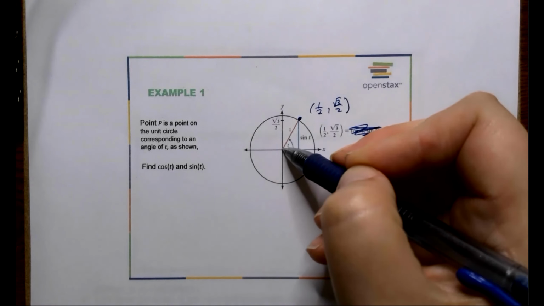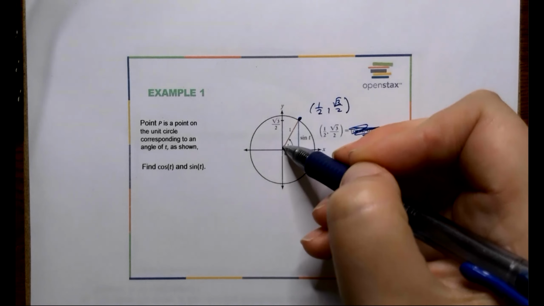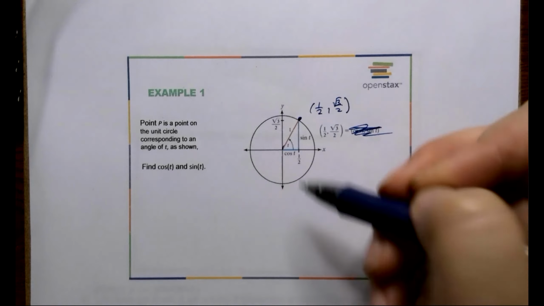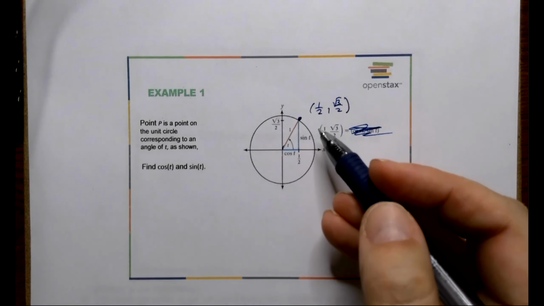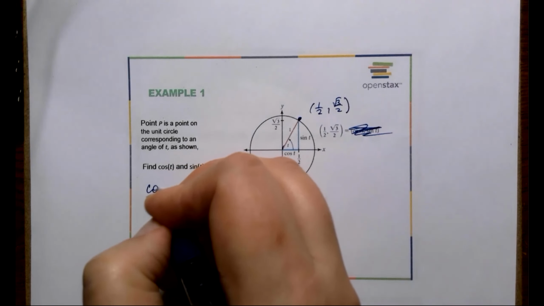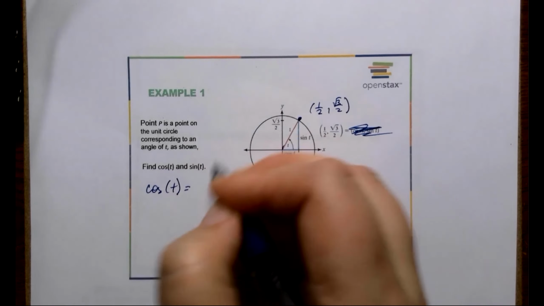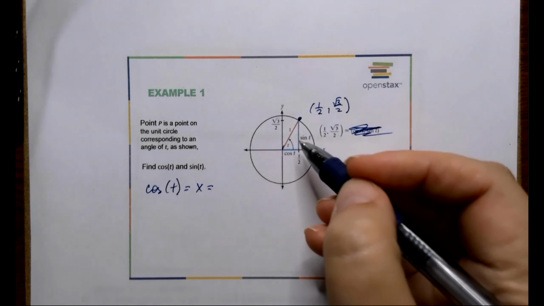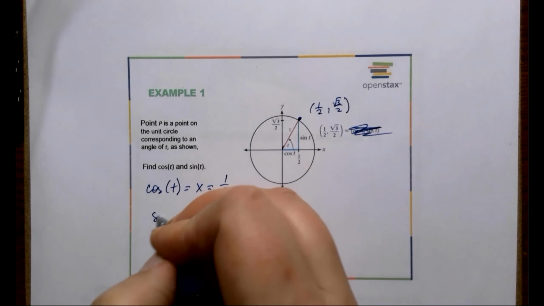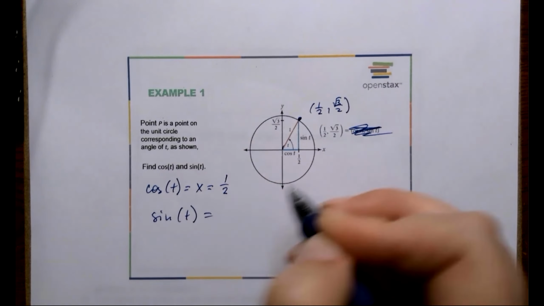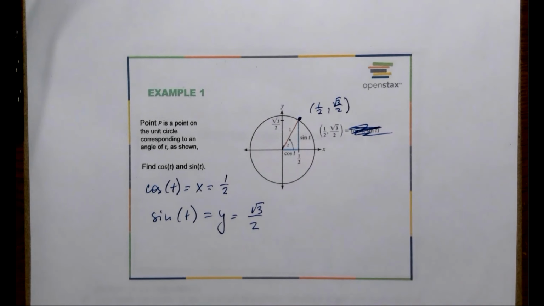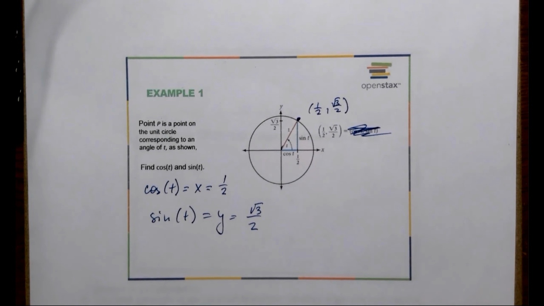First we have to make sure we're looking at the unit circle, and this radius of 1 tells us that yes, we are looking at the unit circle. So find cosine t and sine t. Well, the cosine of t is just the x coordinate of our point, so that's going to be 1/2. And for the sine of t, that's the y coordinate, so it's going to be square root of 3 over 2. All right, so that's it.